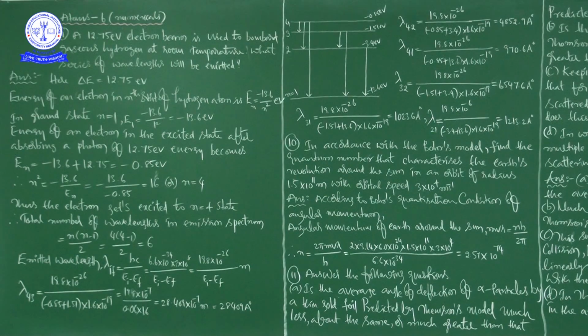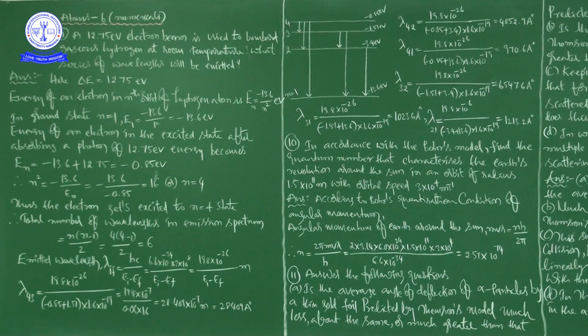So what is the balance? Minus 0.85 electron volt is the remaining, the balance energy. Which is balanced means the remaining amount of energy, 0.85 electron volt.